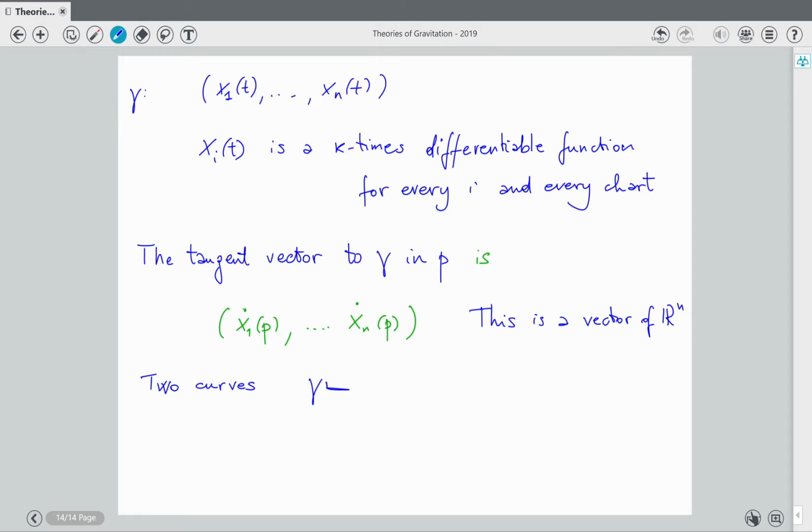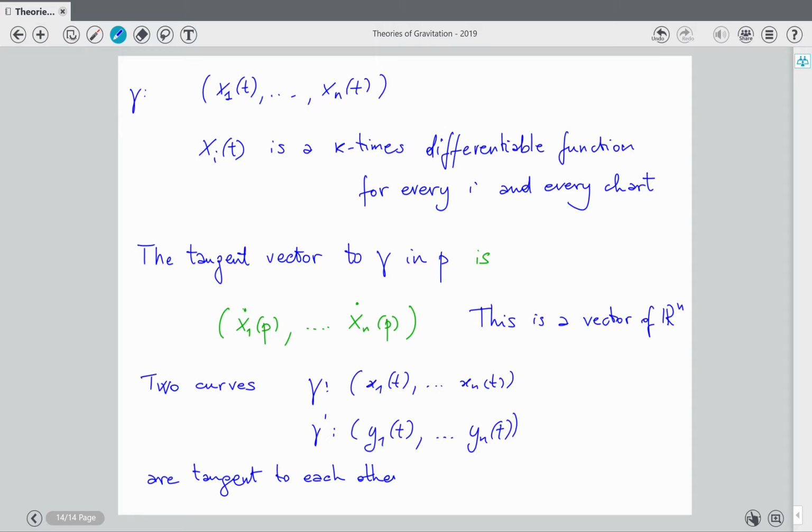So two curves, gamma, which we now denote with x1 of t, ..., xn of t, and gamma prime, which we write as y1 of t, ..., yn of t, are tangent to each other in P if they have the same tangent vector in P.